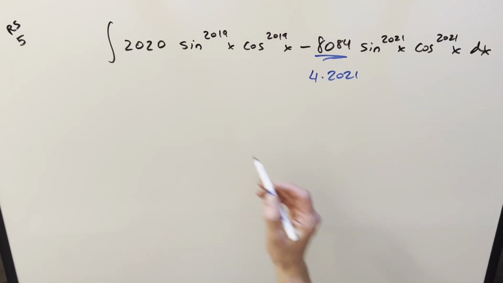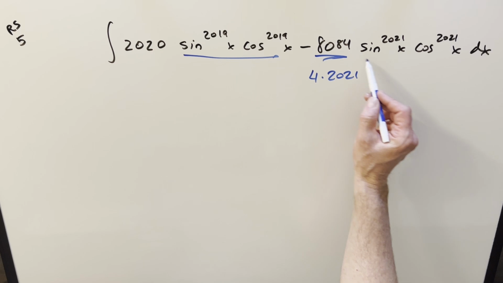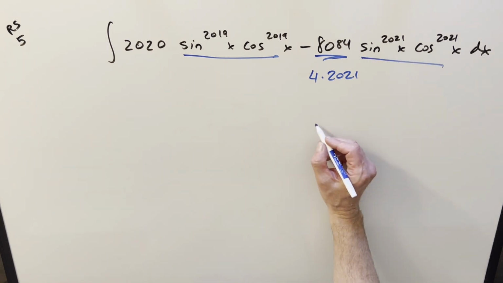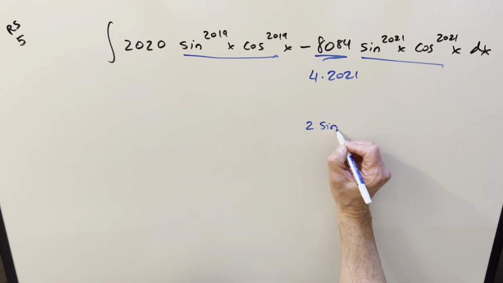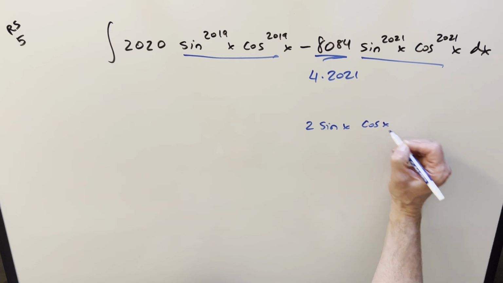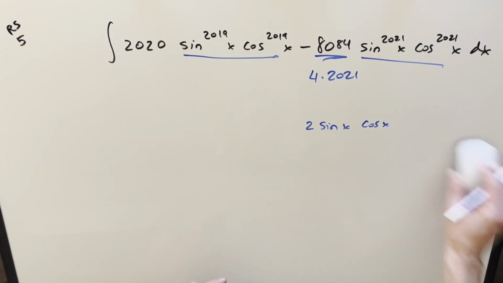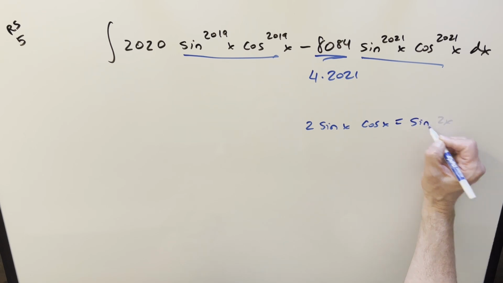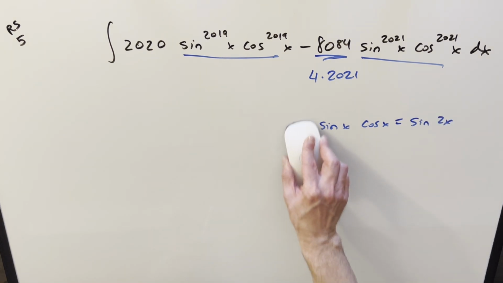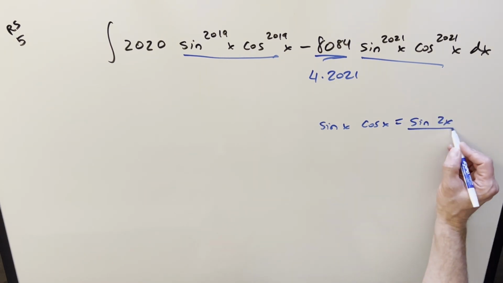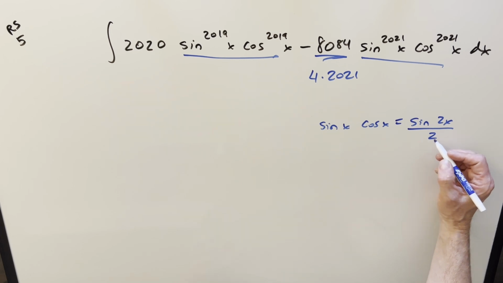The other thing I want to use is when we've got the same kind of pattern here with sine and cosine. If we had 2 sine x cos x, this is going to be the same thing as sine 2x. So what I can do is take this and rearrange it a little bit. If I divide by 2 on both sides, we have this equation.